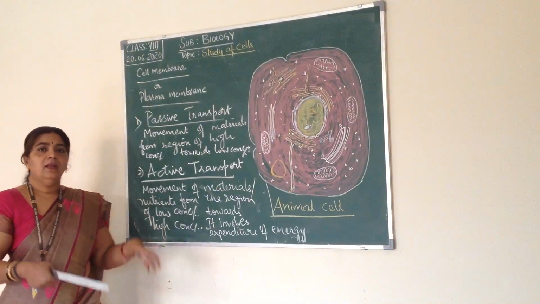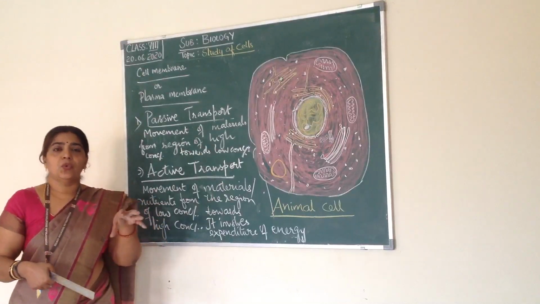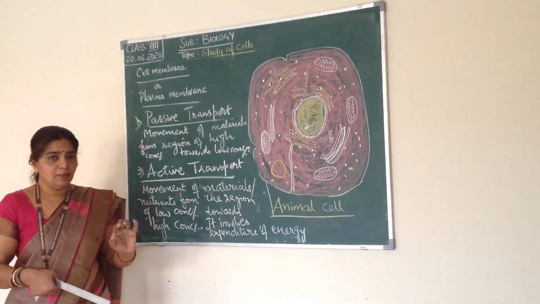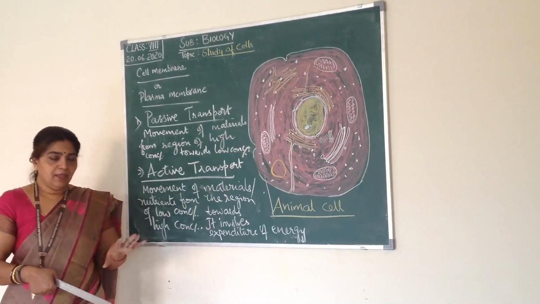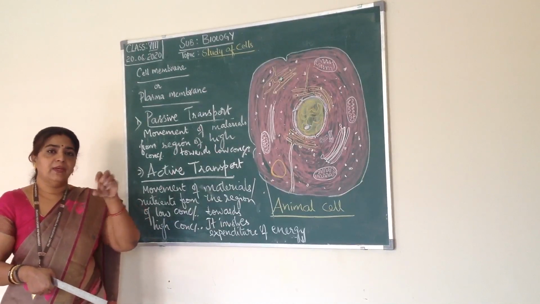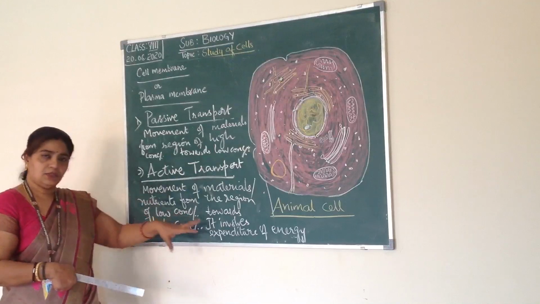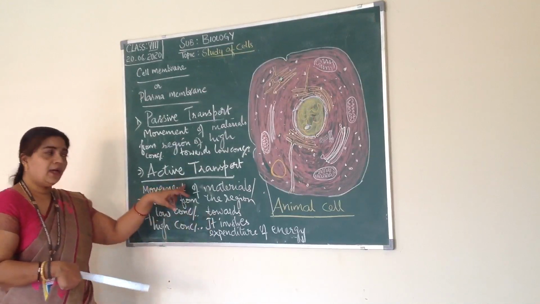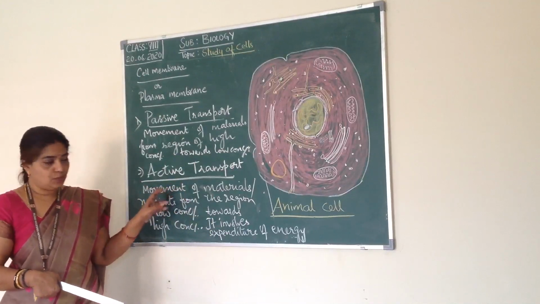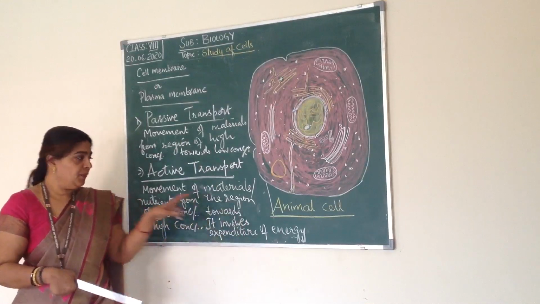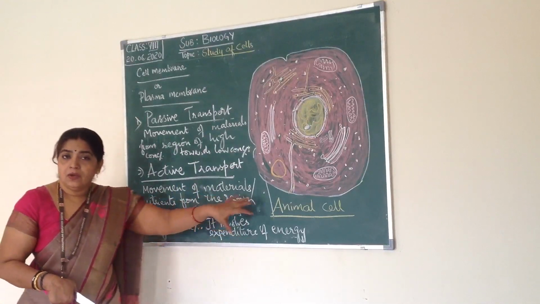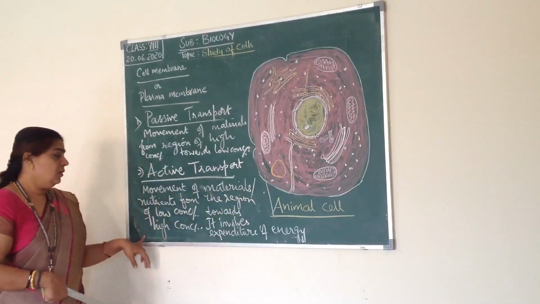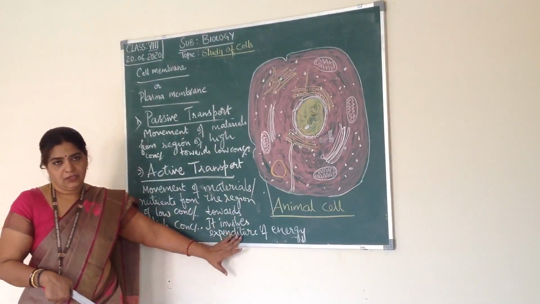Even then, it will take the sodium which is present in the blood, where the amount of sodium is less. Even then, the heart muscle will absorb the sodium from the blood. That involves active transport, which needs energy. So what is active transport? The movement of materials from a region of lower concentration towards higher concentration.